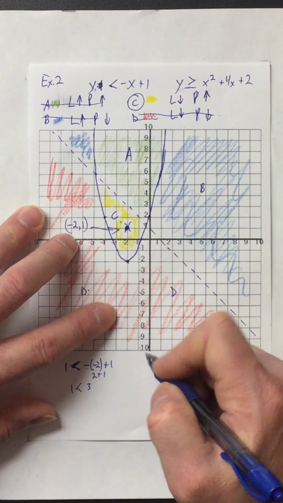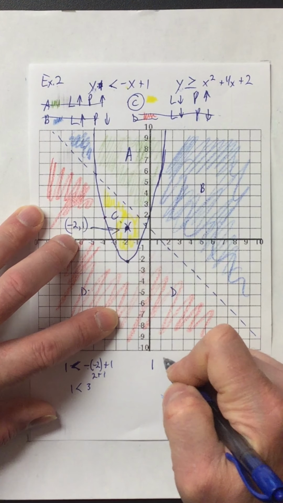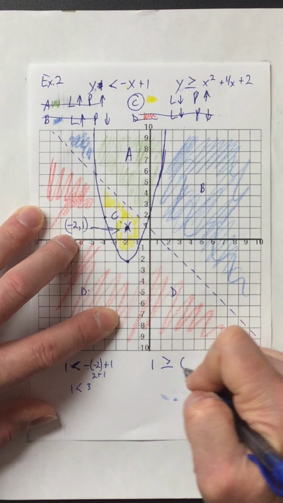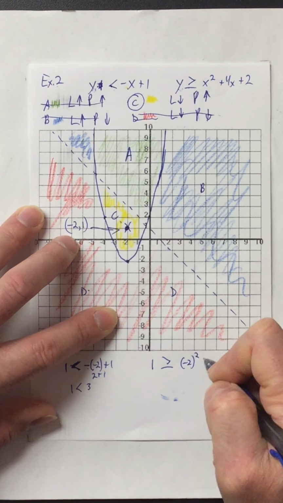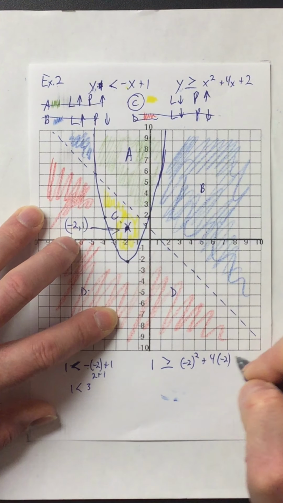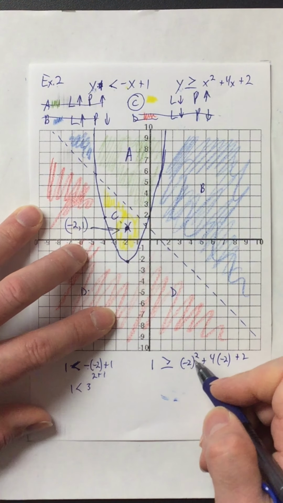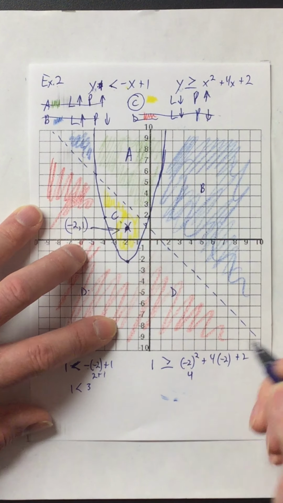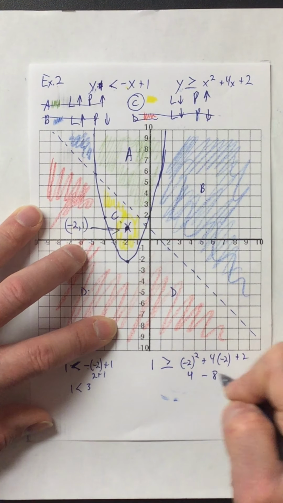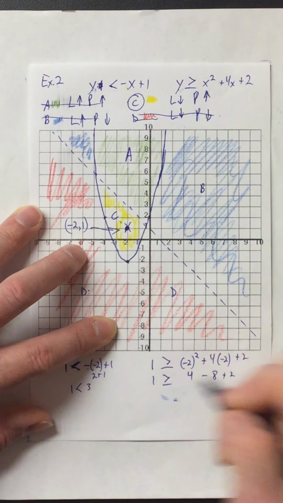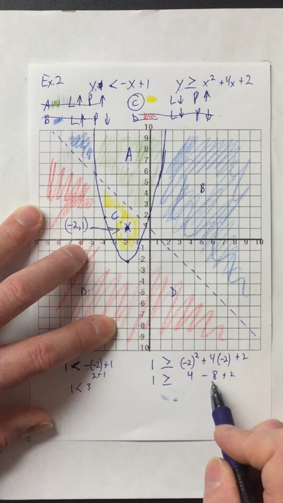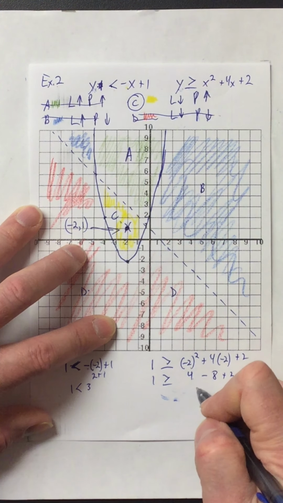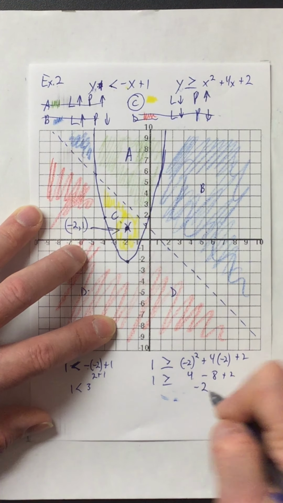And then they also test the other equation. So we've got 1 is greater than or equal to, parentheses, negative 2 squared plus 4 times negative 2 plus 2. Negative 2 squared is 4, 4 times negative 2 is negative 8, so we have 4 minus 8 plus 2, which works out to negative 2.